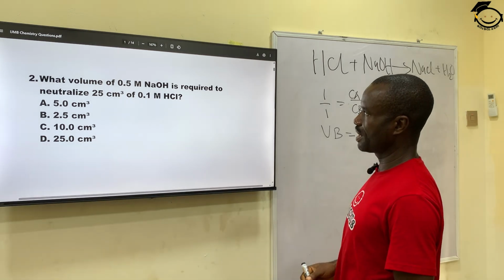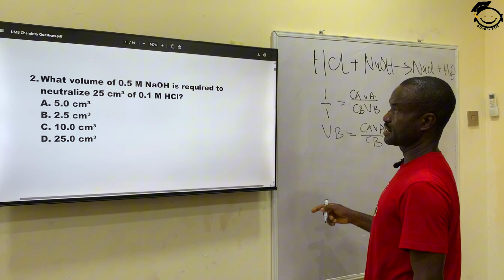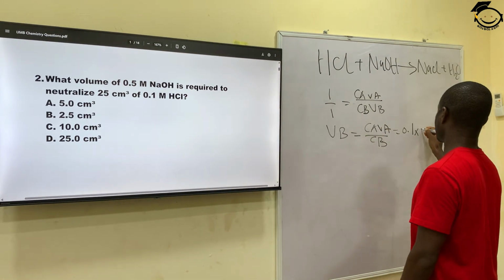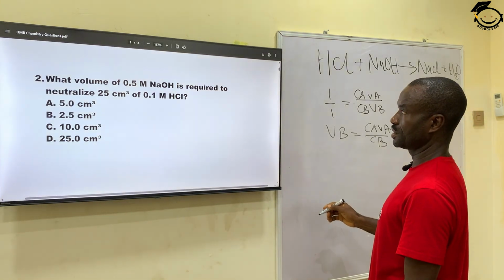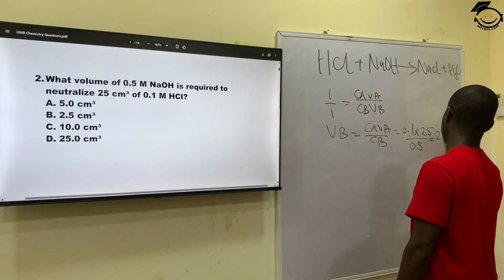When we substitute these values, we have the concentration of the acid 0.1 times the volume of the acid 25 over CB, which is the concentration of the base 0.5. So this gives us 2.5 over 0.5.